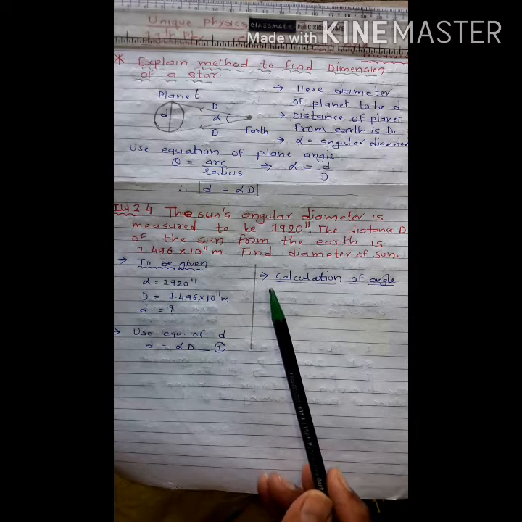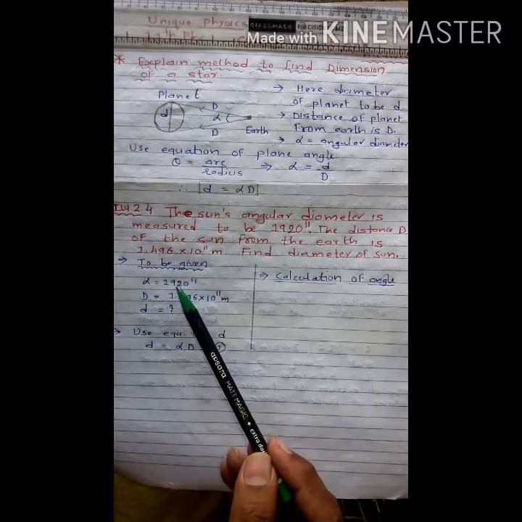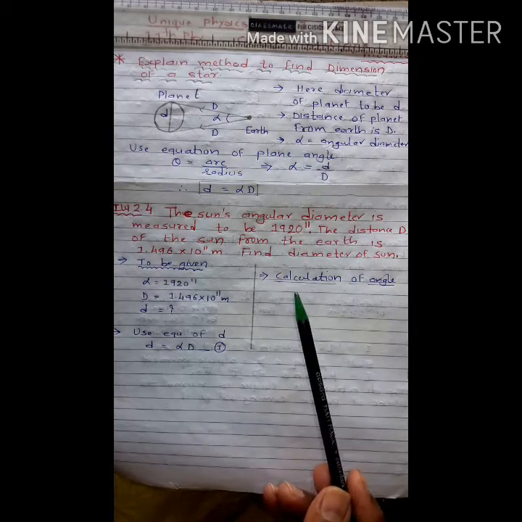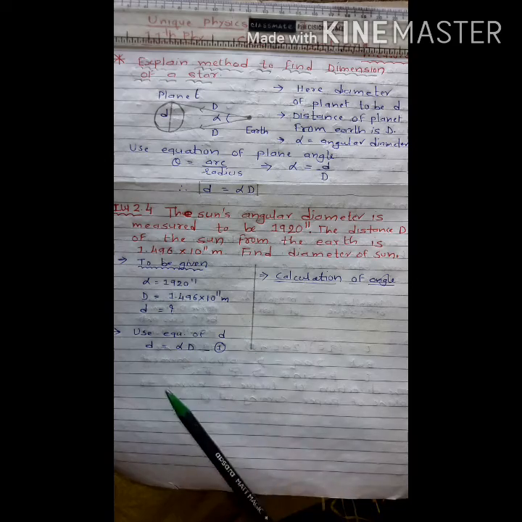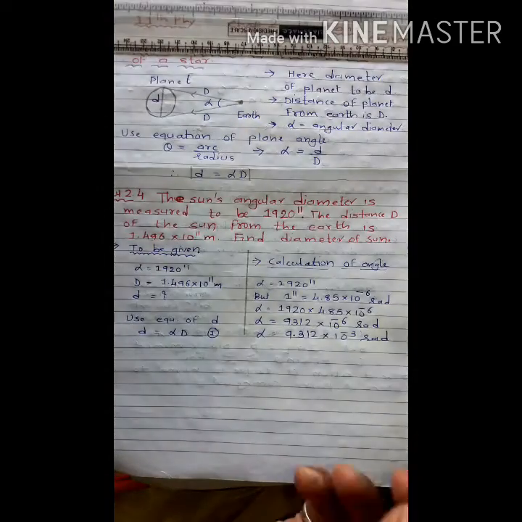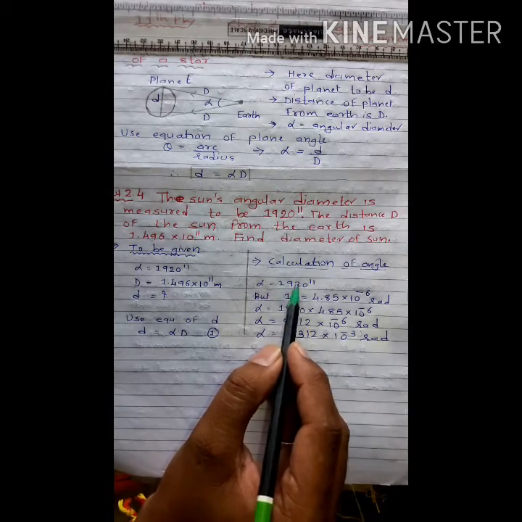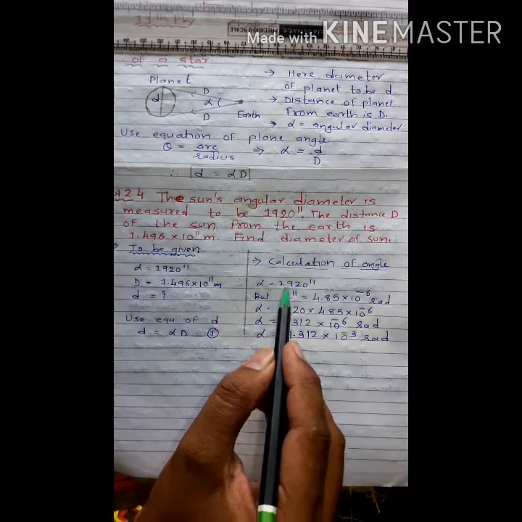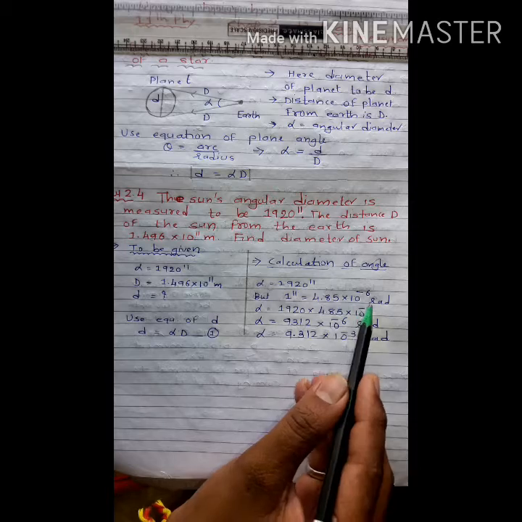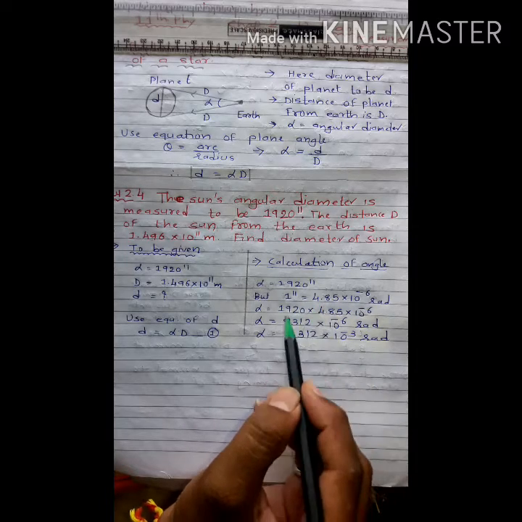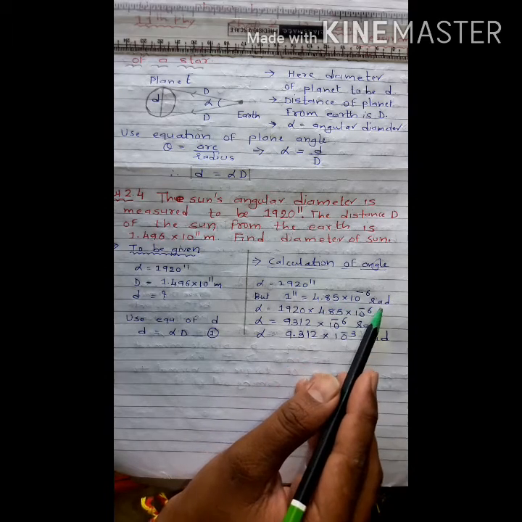First of all we explain the calculation of the angle. We convert this value 1920 seconds into radian, and then we use the value of the angle in terms of radian, and then we find our answer. Alpha is given, it is 1920 seconds. The relation between 1 second and radian is a standard relation. 1 second is equal to 4.85 into 10 raised to minus 6 radian.